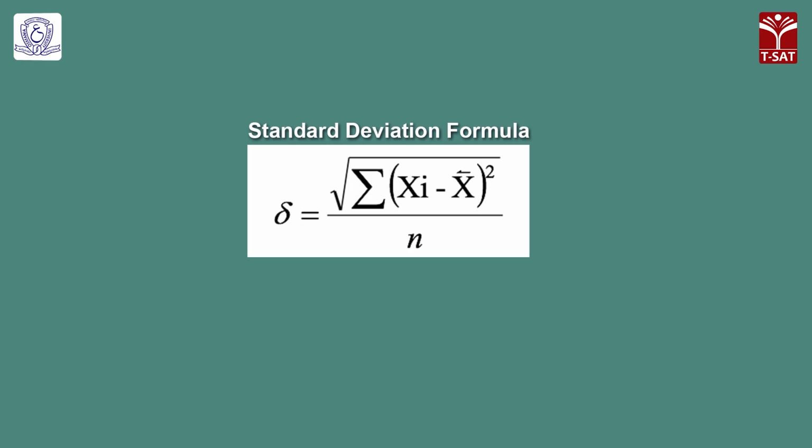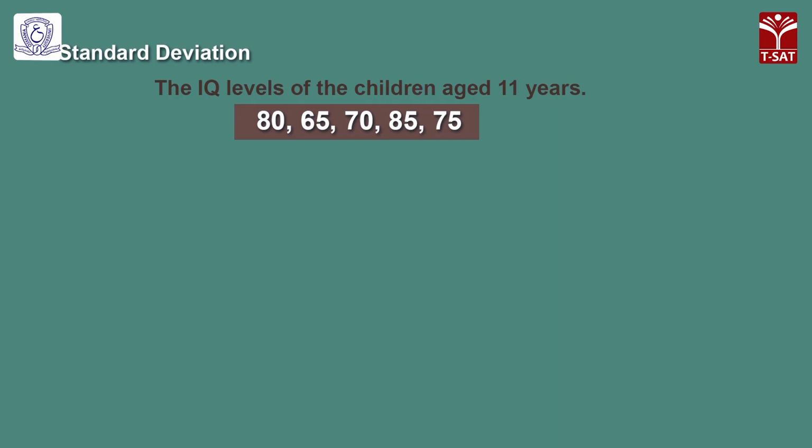For example, a psychiatrist wished to measure the IQ levels of the children aged 11 years. The IQ levels of the children are 80, 65, 70, 85 and 75. Our duty is to calculate the standard deviation. The first step is to find the mean of the scores.